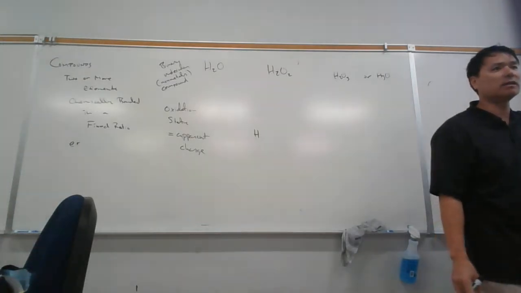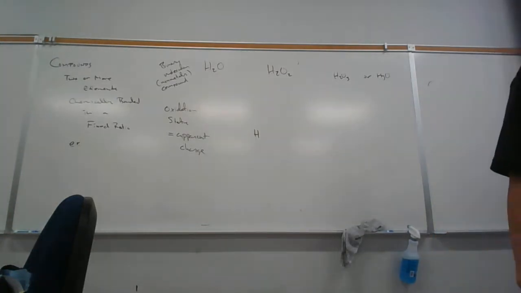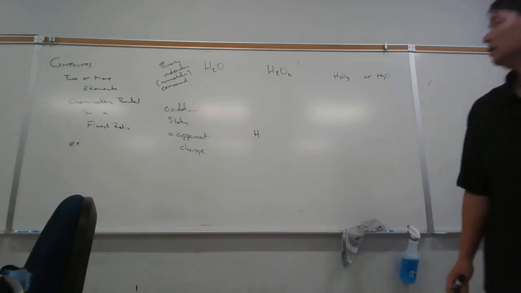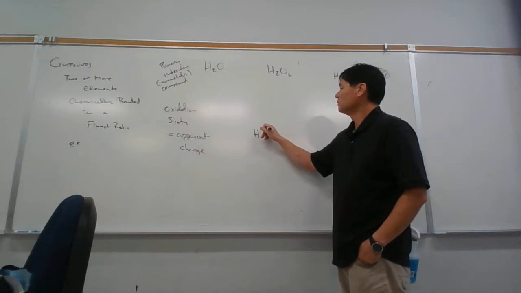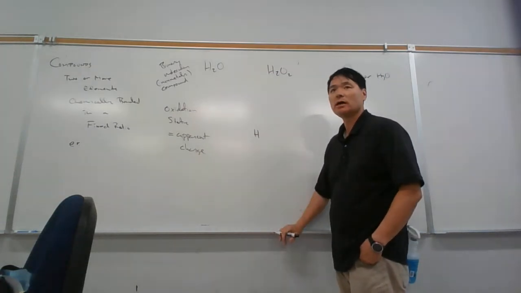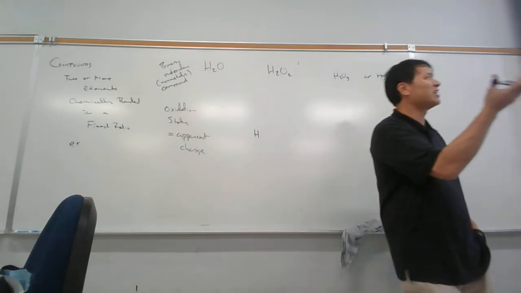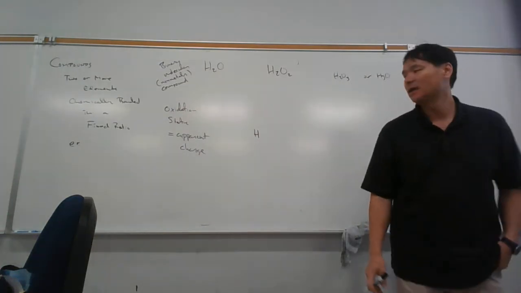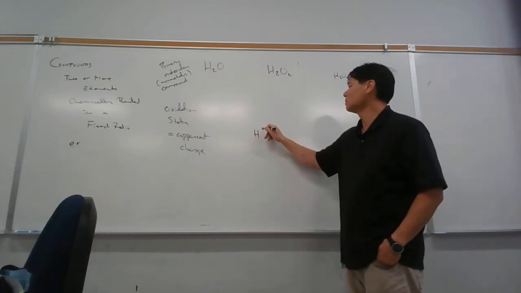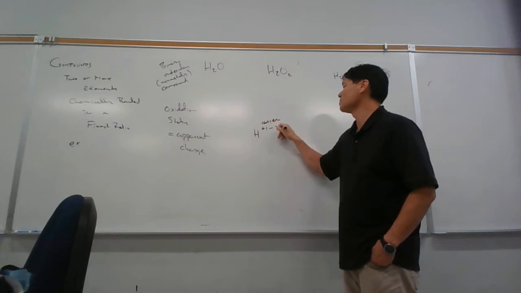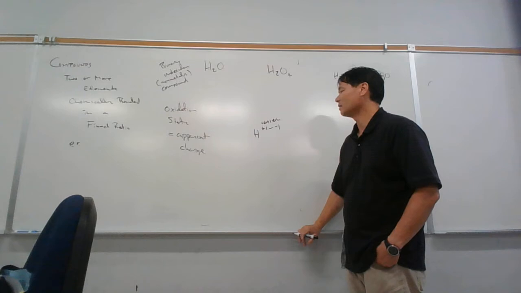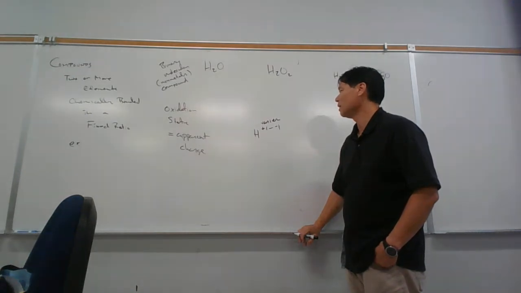If it gains one electron, it goes to helium's configuration, so -1. Or it could lose one electron. If it loses one electron, then it's got no electrons, but that can happen as well. So hydrogen's oxidation state varies from +1 to -1. That's what we expect for hydrogen, +1 to -1.